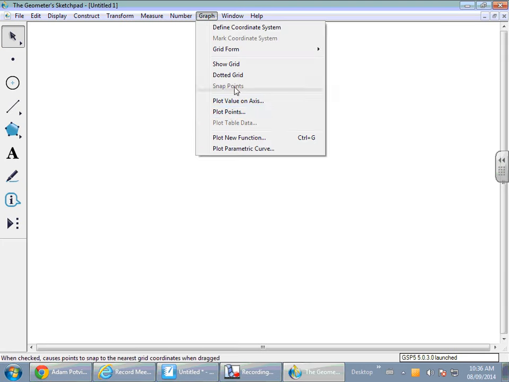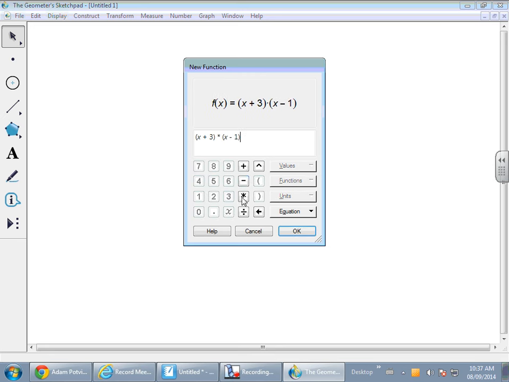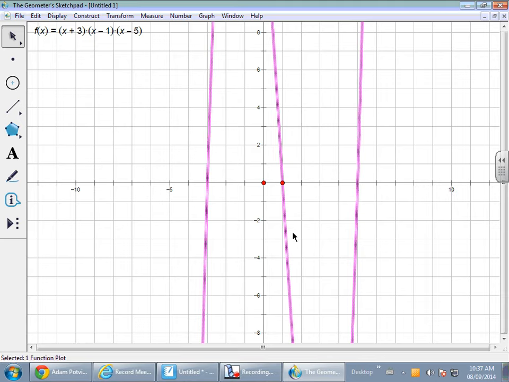I'm going to graph that function, which was bracket x plus 3 times bracket x minus 1 times bracket x minus 5. Okay, so there's my function.